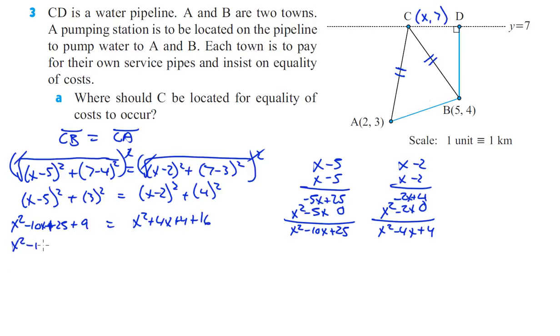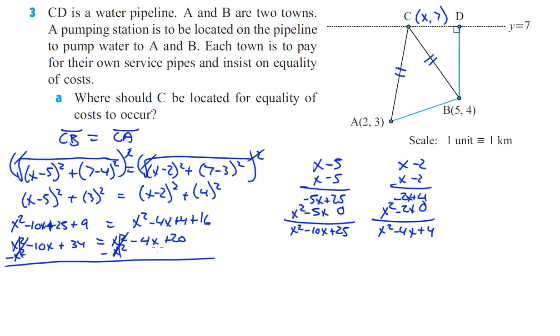X squared minus 10x plus 34 equals x squared plus, let's see, oops, I put plus 4x, but that should be minus 4x. So let's fix that. Okay, so that's minus 4x. So this is minus 4x plus 20, right? Now again, the nice part about this here is we can subtract the x squareds from both sides, and those are gone.